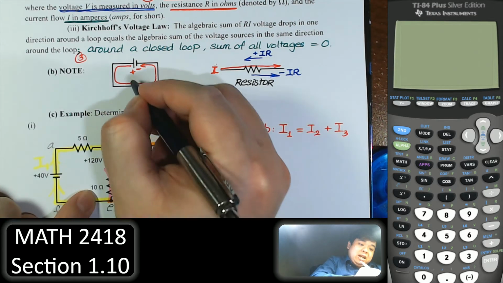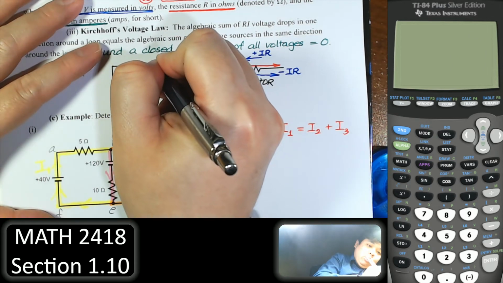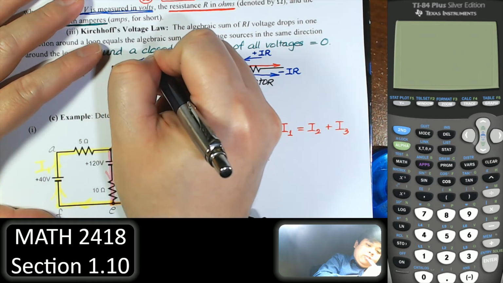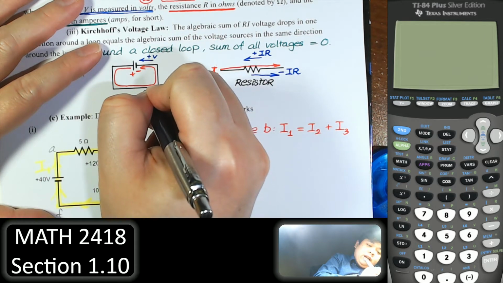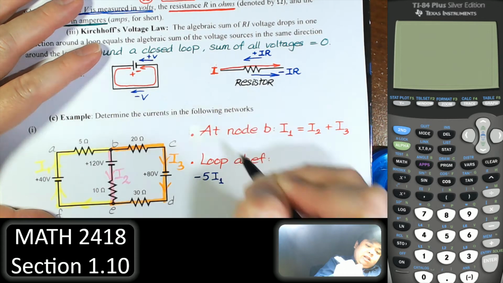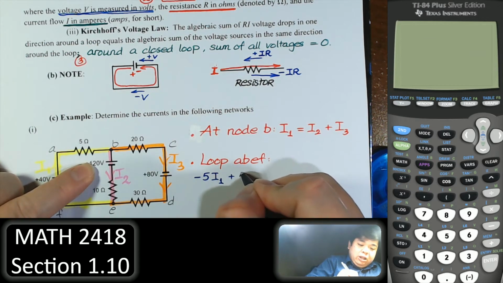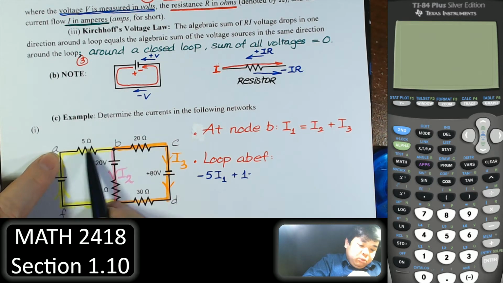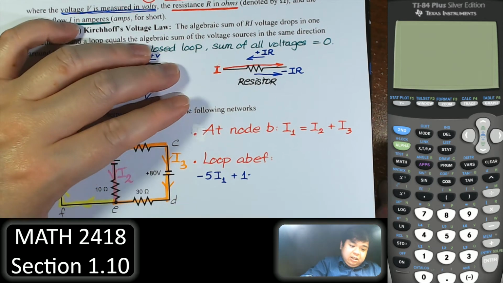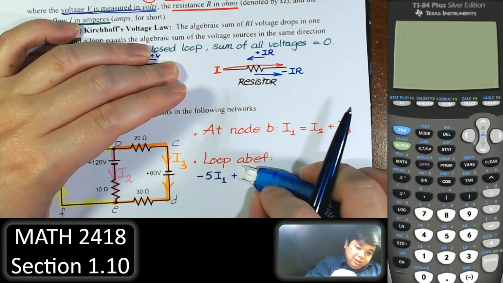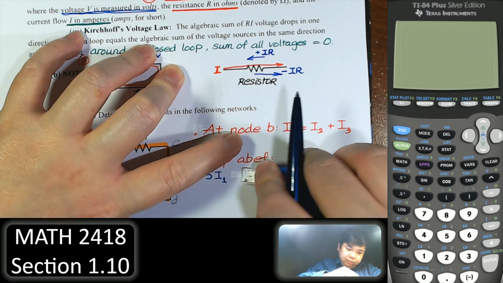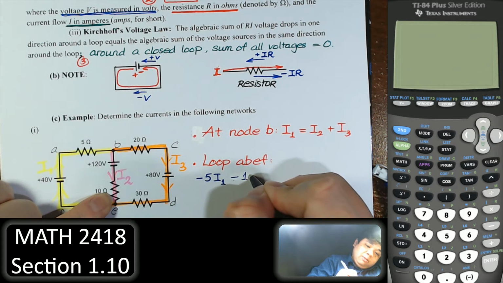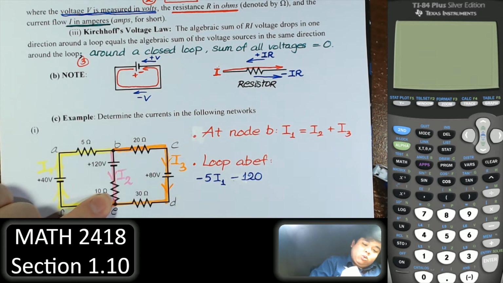But since we go against it, if we go with it, it's going to be plus V. If we go against it, minus V. So going from A to B, we go against the power source, minus 120.